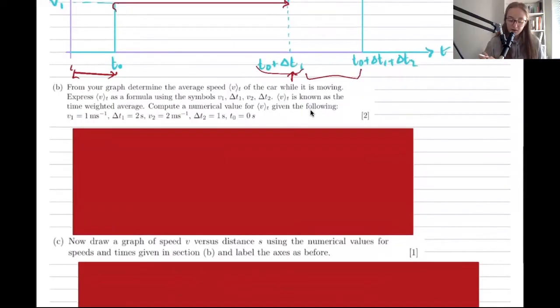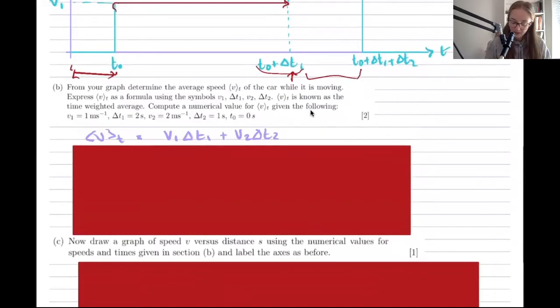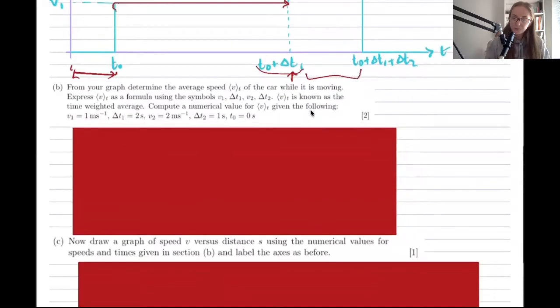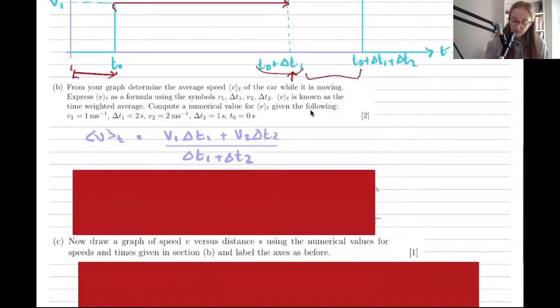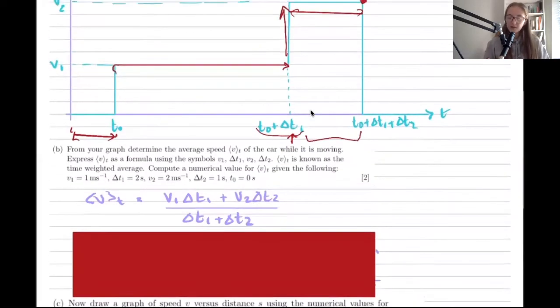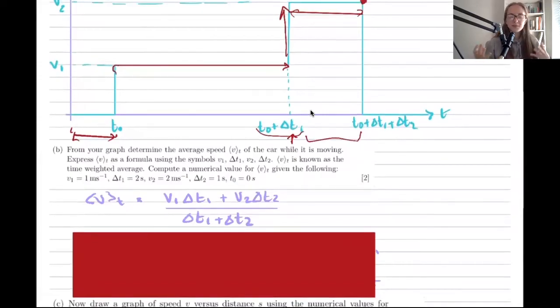Okay, so then from our graph, we need to determine an average speed while it is moving. And they've given us some numbers as well, but I'll neglect the numbers until we have an idea about the average speed. So when we think of an average speed, I feel like the best way to imagine how to work out an average speed is to say, well, for this portion of the journey, we traveled at this speed.